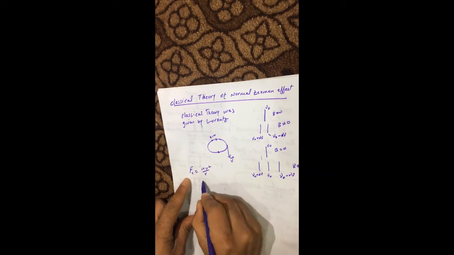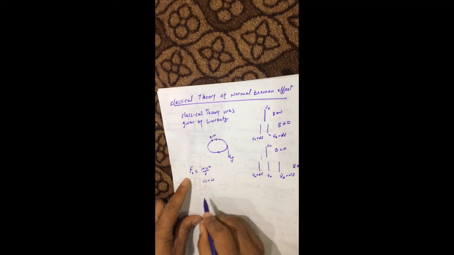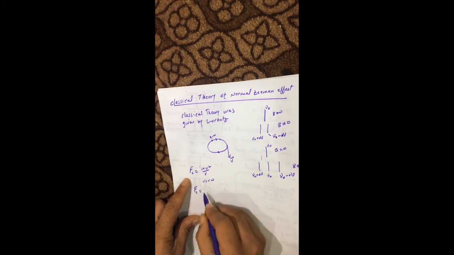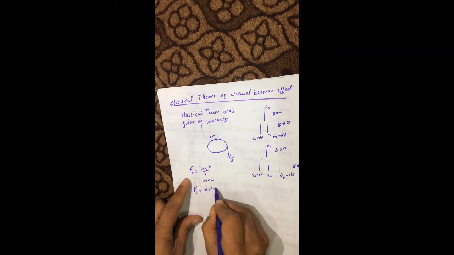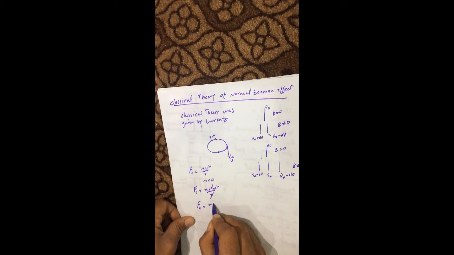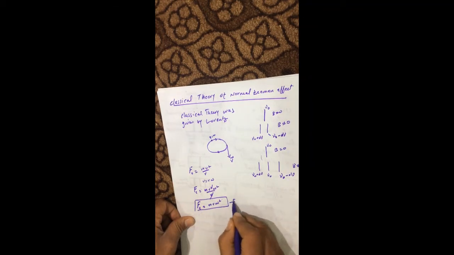But we know that v is equal to r omega. So Fc equals m r square omega square over r. So r cancels, and we have the centripetal force, which is m r omega square. This is equation number 1.